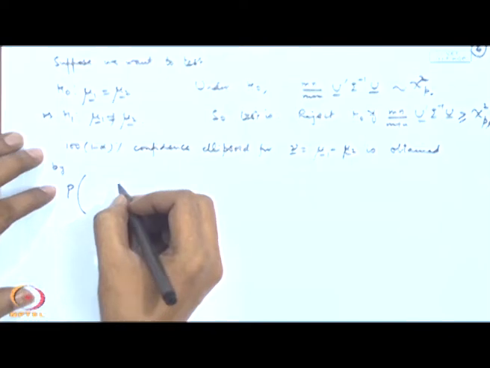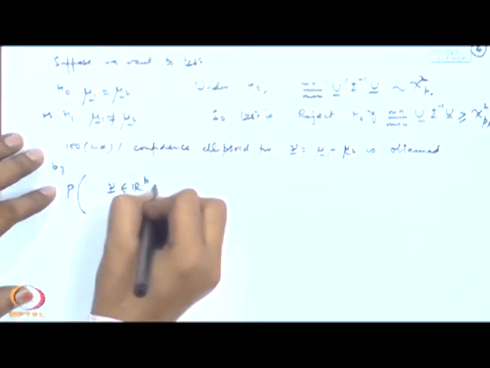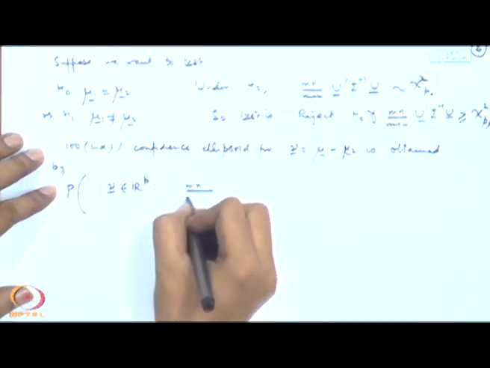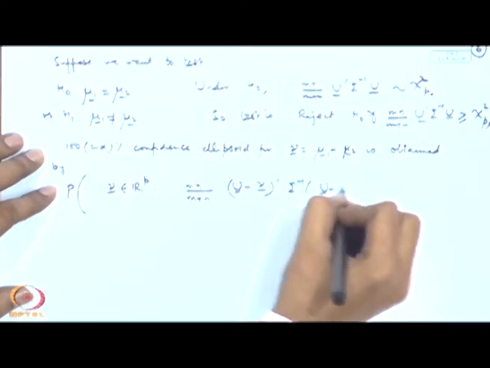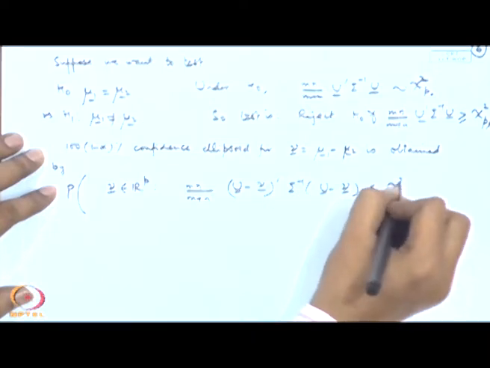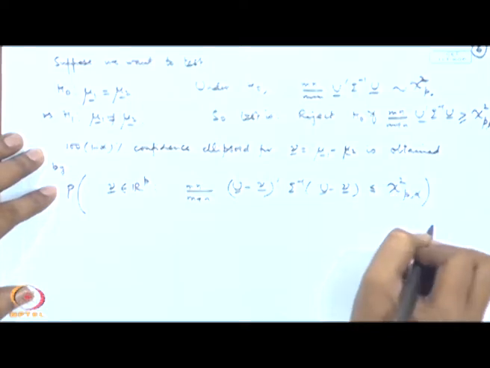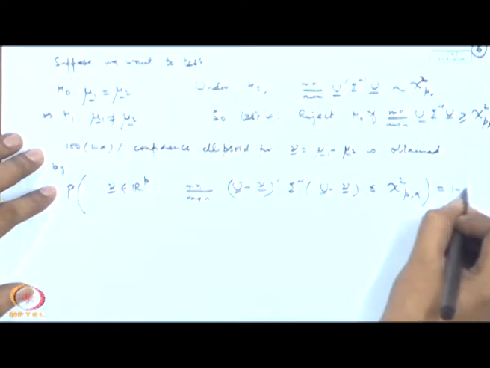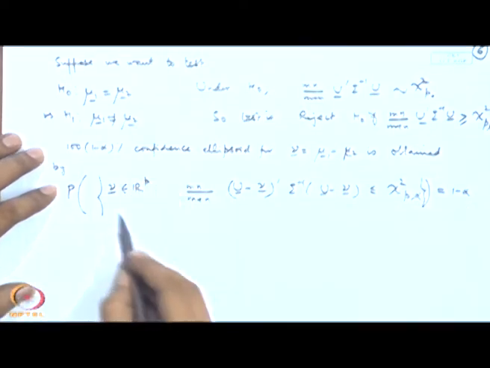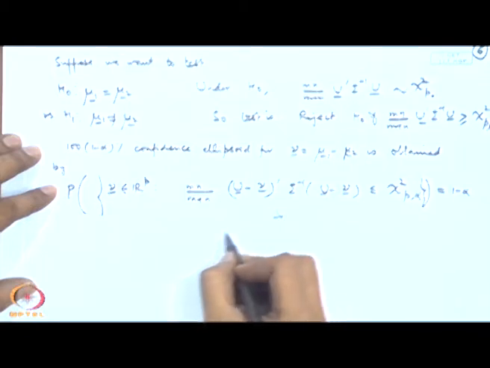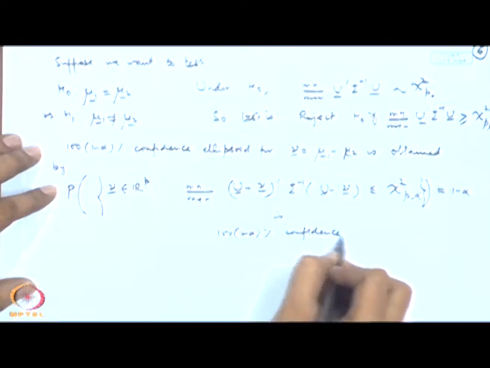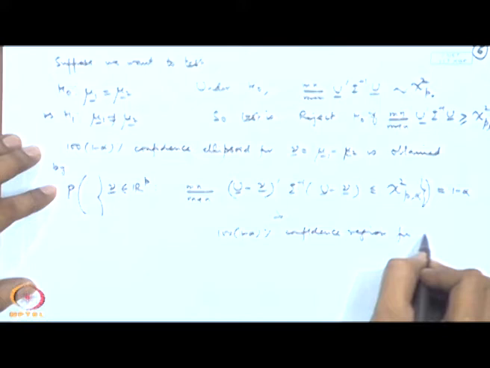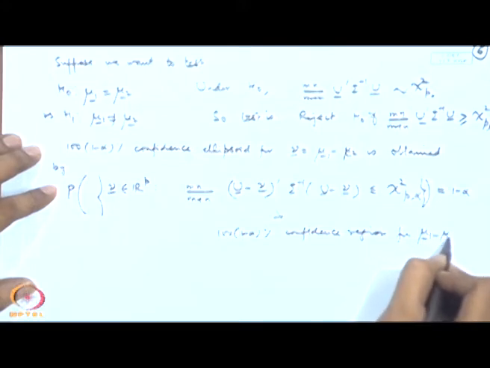If I consider the probability of nu belonging to R p, such that m n by m plus n (u minus nu) prime sigma inverse (u minus nu) is less than or equal to chi-square p alpha, this is equal to 1 minus alpha. If I consider this region in the p dimensional Euclidean space, this is the 100(1 minus alpha) percent confidence region for mu 1 minus mu 2.